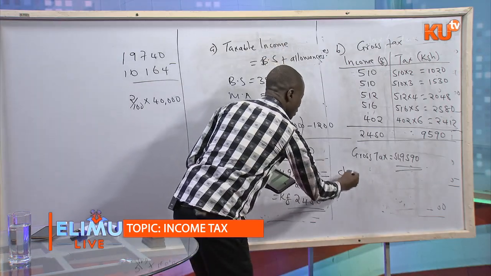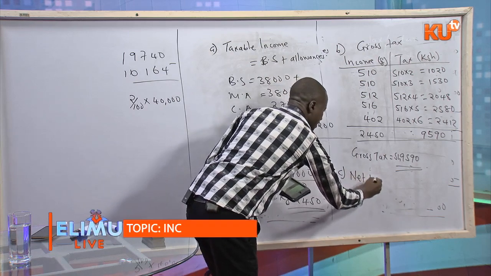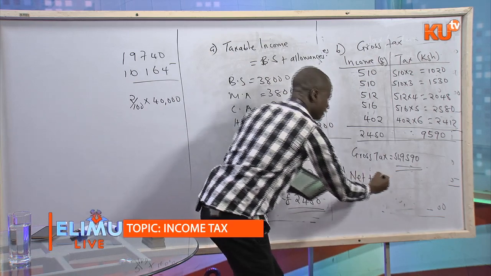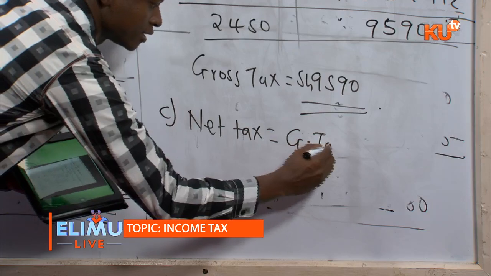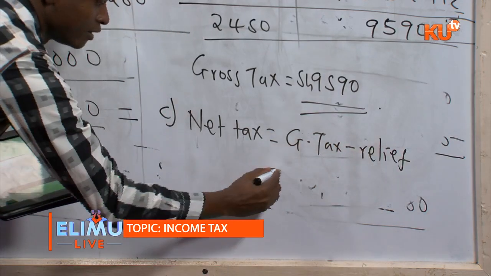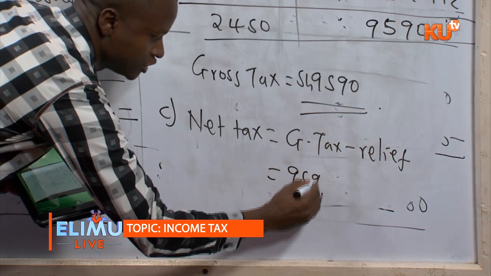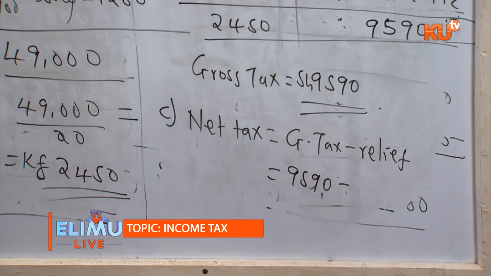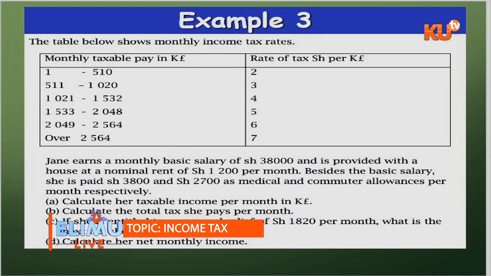So part C, we want to look for net tax. Net tax, we have agreed, is gross tax minus relief. So that should be 95, 90 minus, what was the relief? The relief was 1820. 1820 minus 1820.